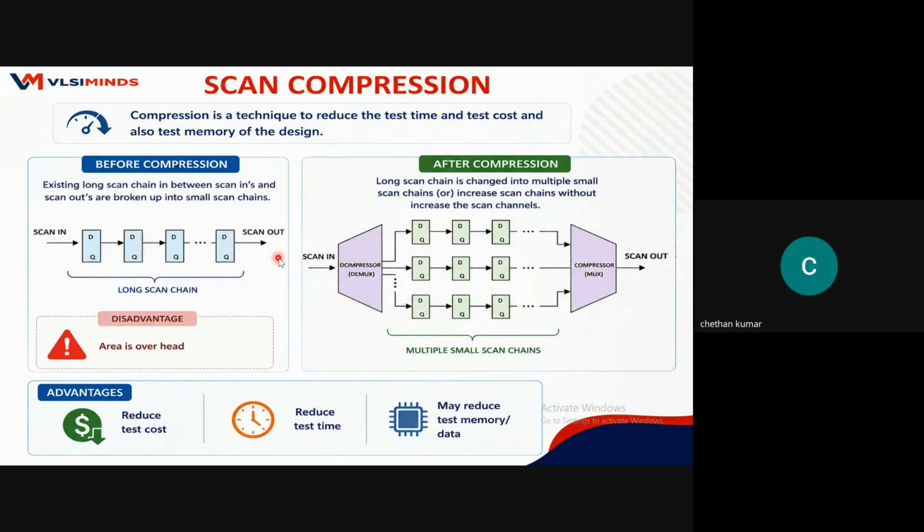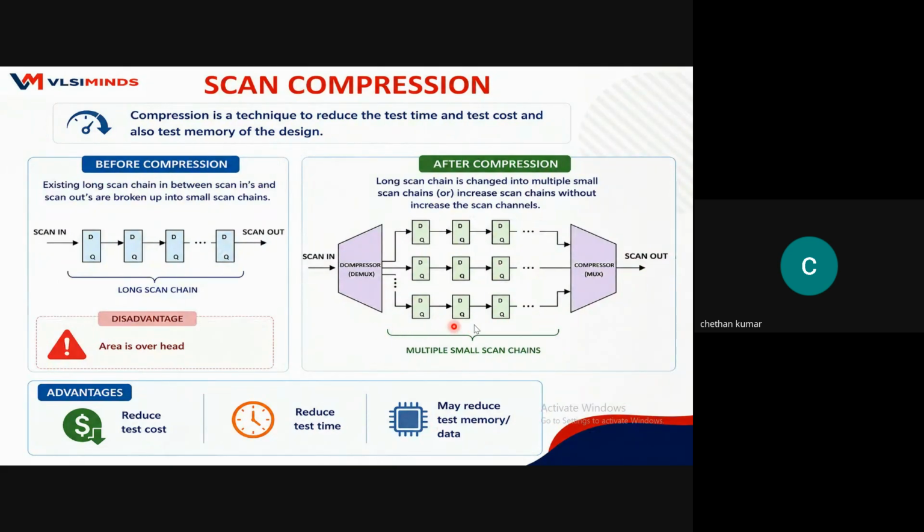See, here we have a longer scan chain that I will divide into smaller scan chains. Let us assume a very simple example: 10 scan cells are connected in a chain. Instead of 10 in a single chain, I will make 3, 3 and 4 in three different chains, so that instead of taking 10 milliseconds, it will take 3 to 4 milliseconds, correct? 4 milliseconds is the maximum chain length we have.